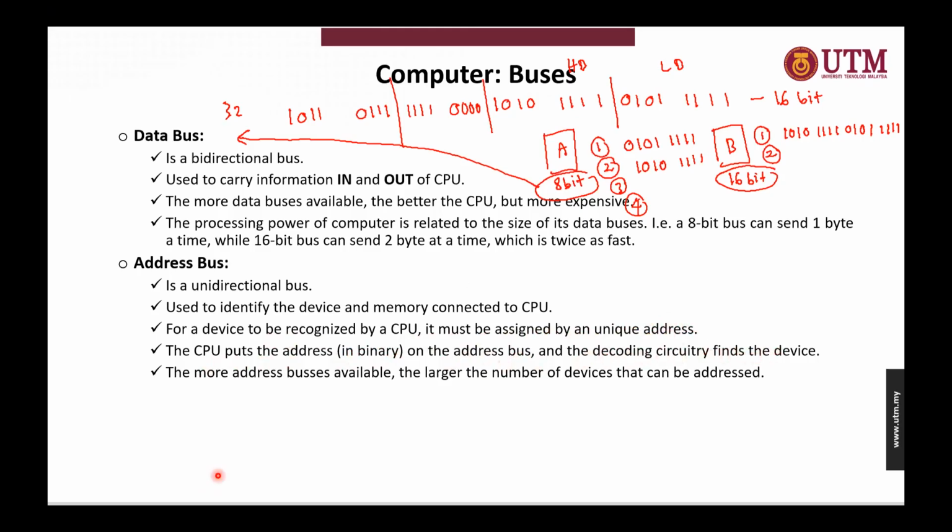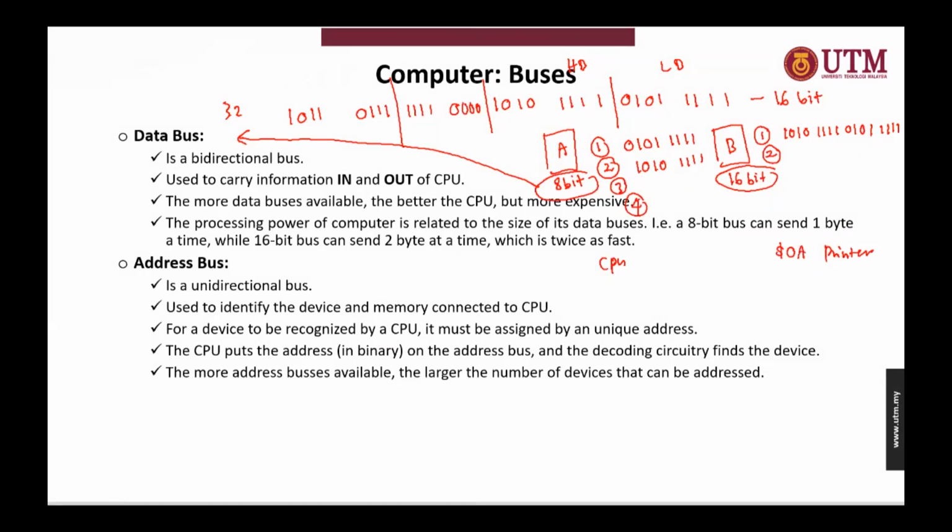Let's say I'm going to print this document using the printer. What do I need to do? The CPU will locate the printer. Let's say the address of the printer is 0A, for example.